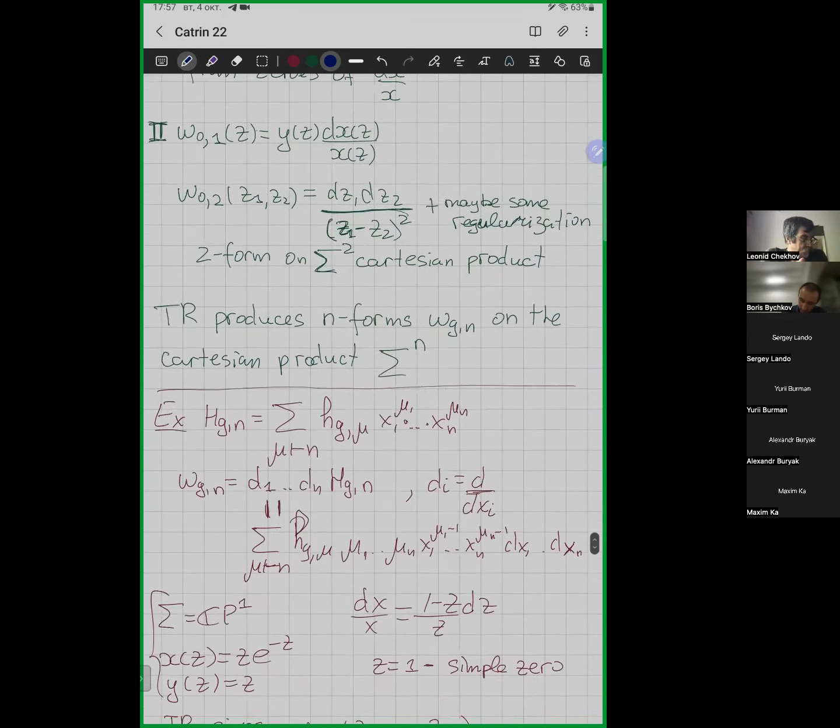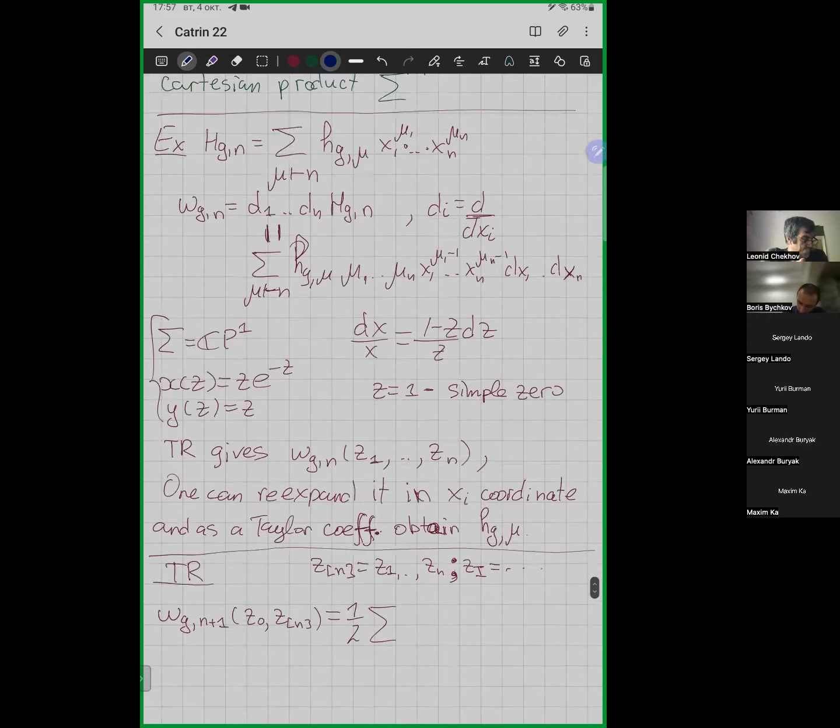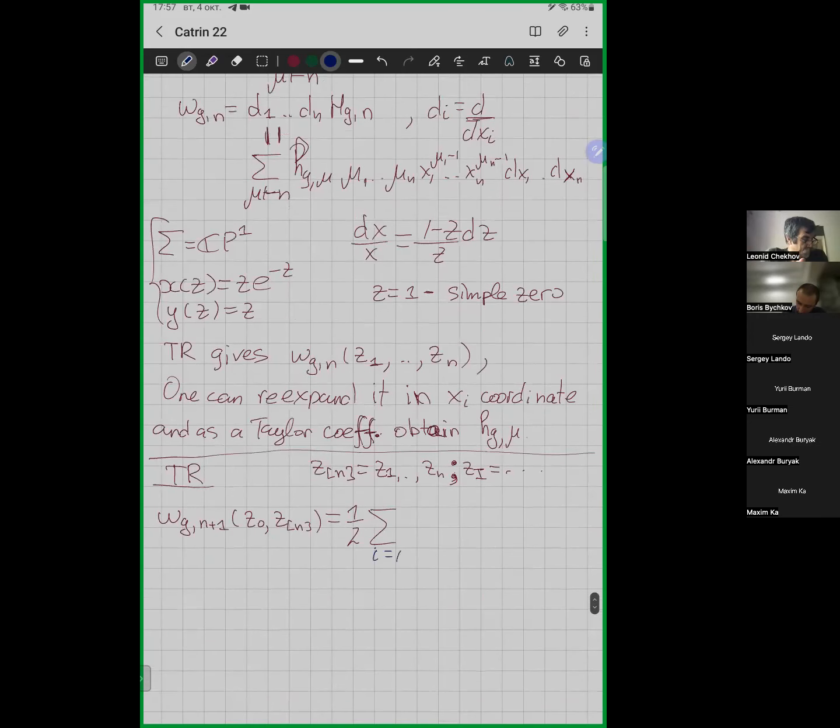And so here I have a sum over i from 1 to n of residues at these points p_i of the following huge form.